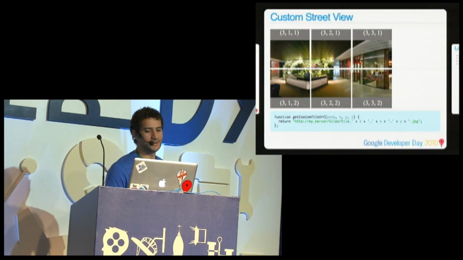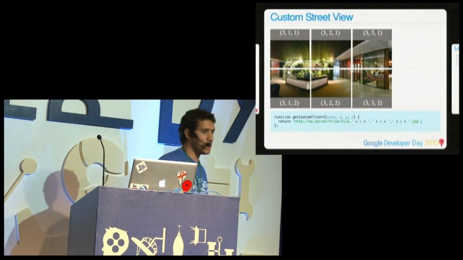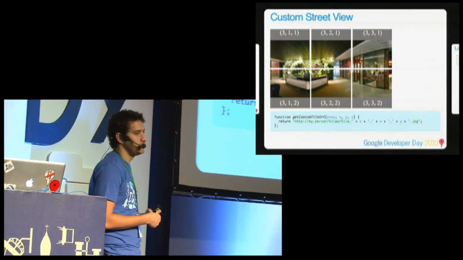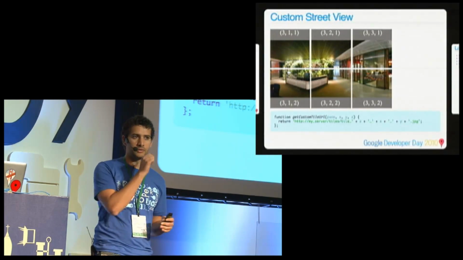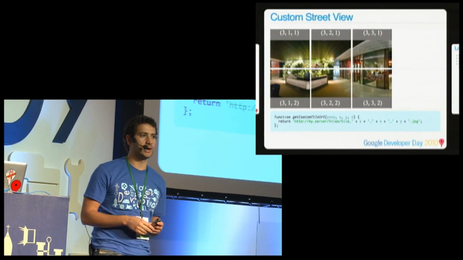Basically the way this is done is you have a way to provide a custom tile URL to the Street View panorama. The map works by tiling, so we have a set of tiles. Street View works very similarly. So you can take a panoramic photo, cut it into tiles, and then specify to the Maps API how to load those tiles.